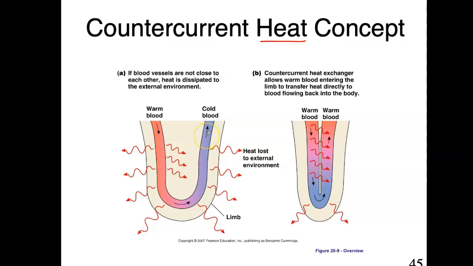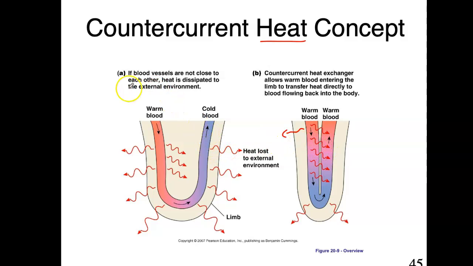If you wanted to save that heat, what you would do is what you see inside B here. In B, anatomically, you would put these two vessels completely side by side. Then when that warm blood is trying to disseminate that heat, it's radiating some heat out, but a lot of it is going straight back to the other vessel, which is right next to it. Notice that in A here, the temperature in this location of this warm blood is very different from here.